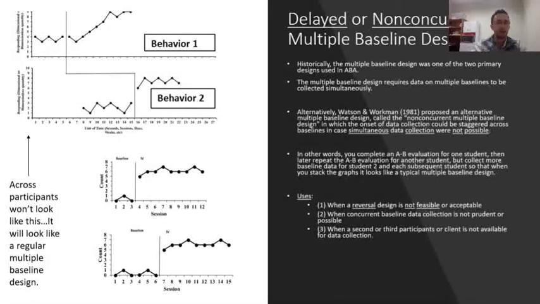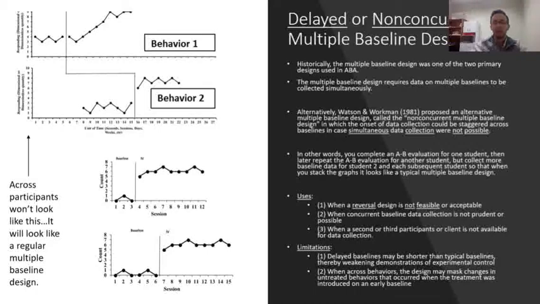So this is a very useful and practical design, but its limitations are that delayed baselines may be shorter than typical baselines, thereby weakening demonstrations of experimental control. And when across behaviors, the design may mask changes in untreated behaviors that occurred when the treatment was introduced on an early baseline.